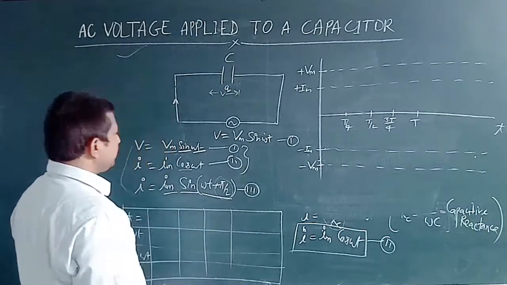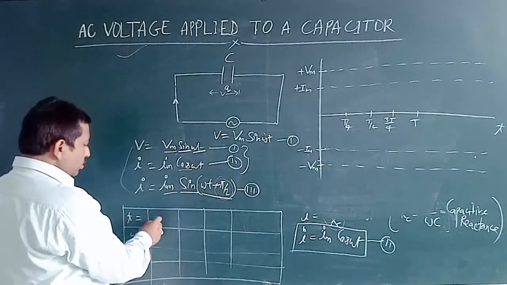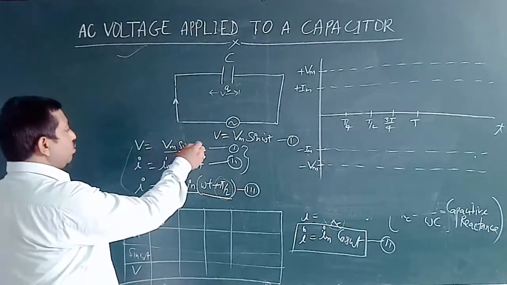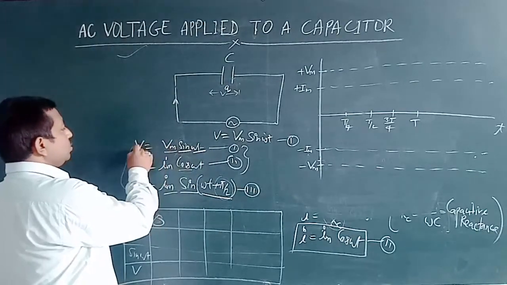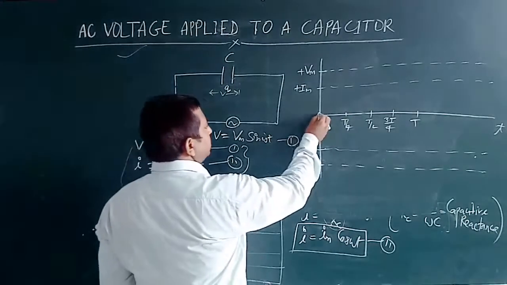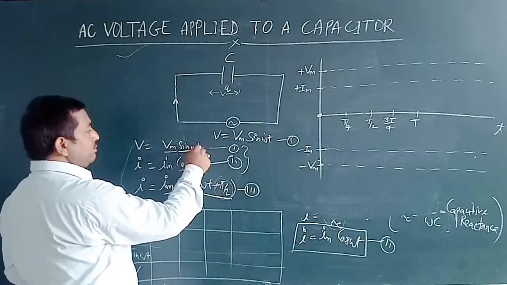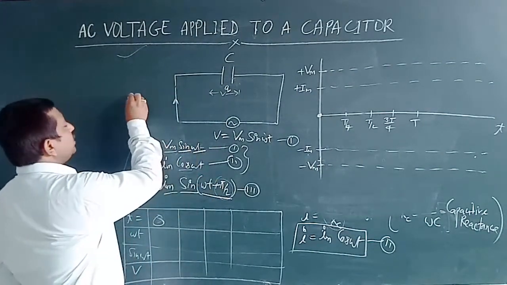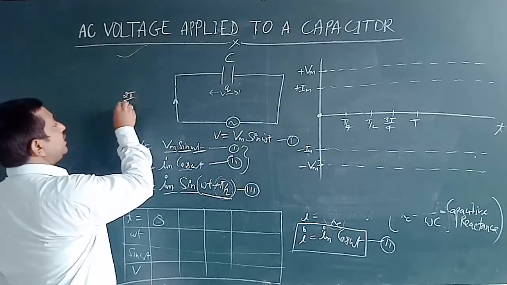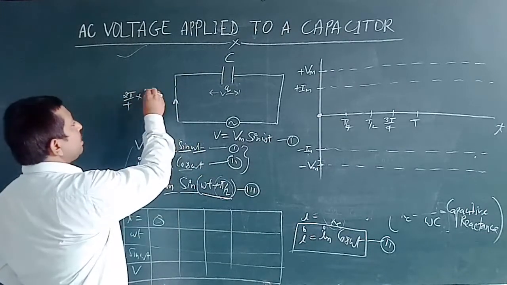So if we put the value of t as 0, sin omega t becomes 0, so V is 0. When we put t as t by 4, omega is 2 pi by t, and this t is t by 4.